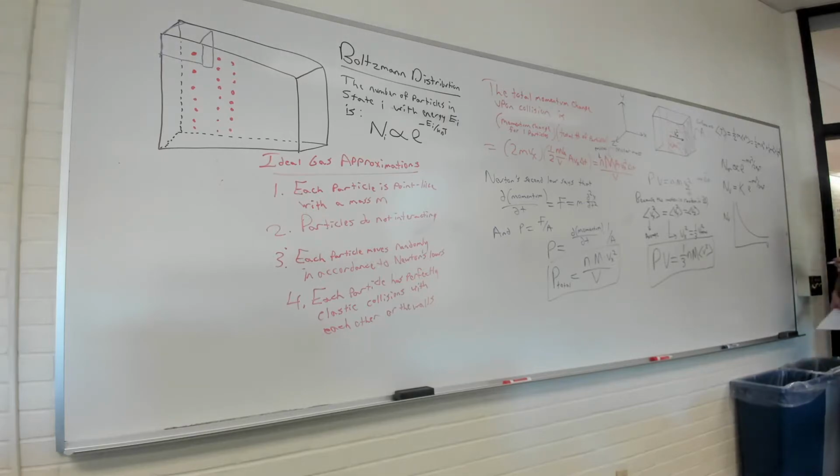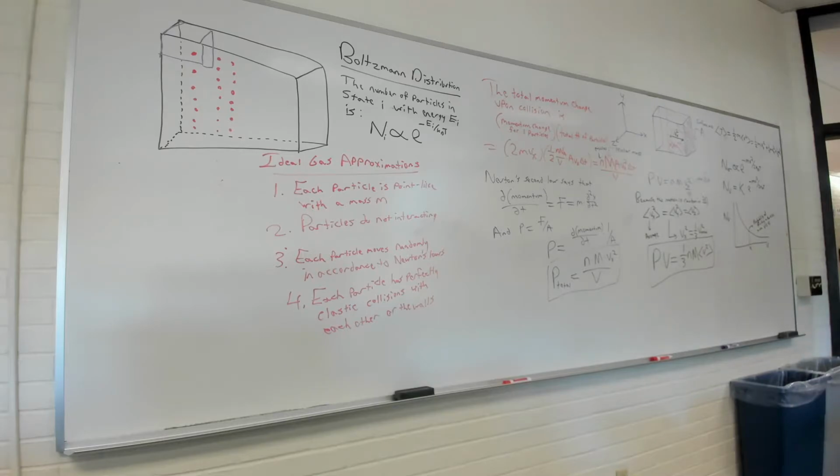And so at a given velocity, v sub i, this is the probability of finding a particle with velocity v sub i.